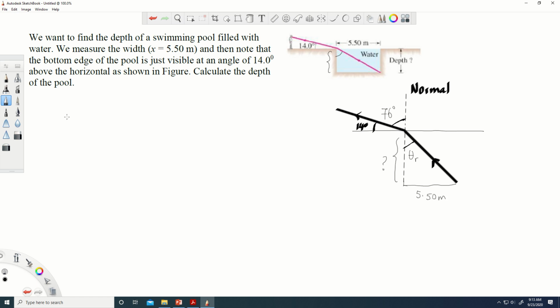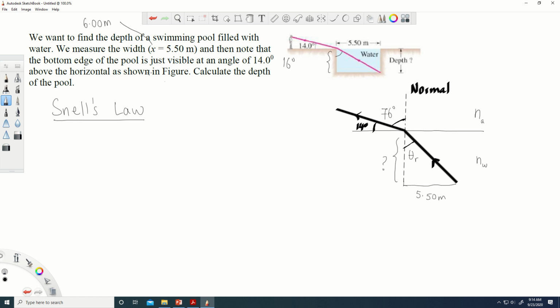So let's use Snell's law. So this is air, and that's water, n_w. So Snell's law here is... I'll do this problem for, let's say, not 14 degrees. You guys will do this. I'll do this for 16 degrees, and I'll do this for x equal to 6 meters.